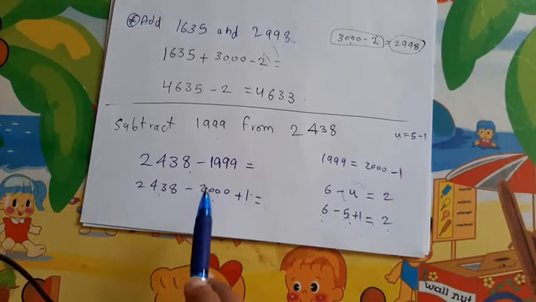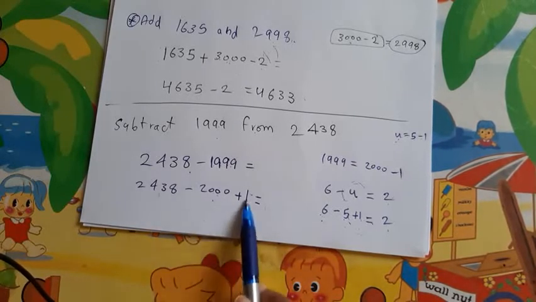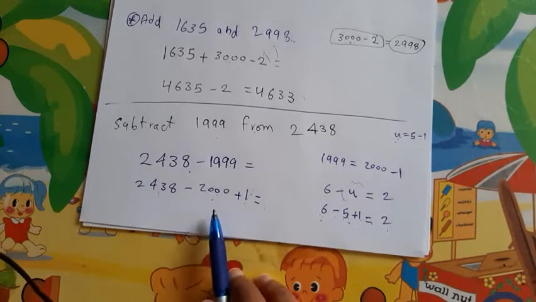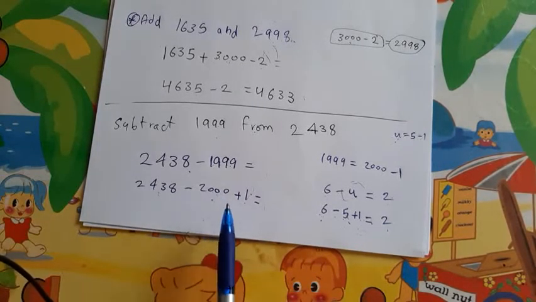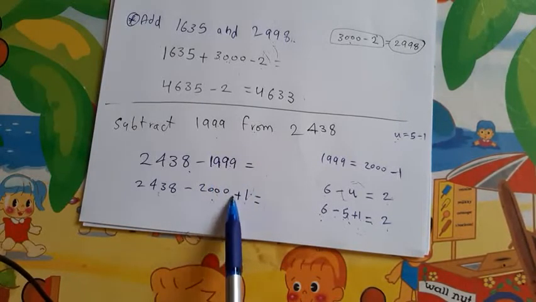Okay, so now why did I do that? I'm not going to do that to make it more complicated, but I need to make my calculation easier, so that's why I changed this number to a new expression.